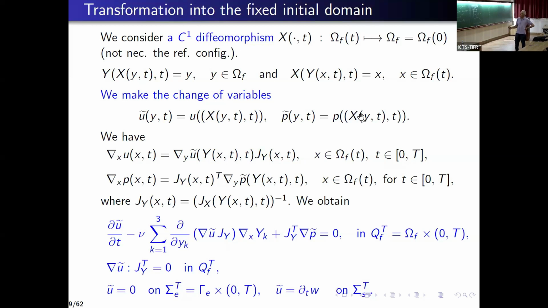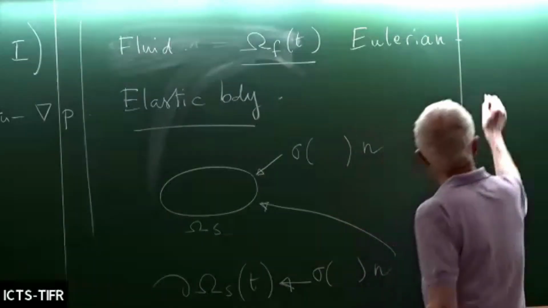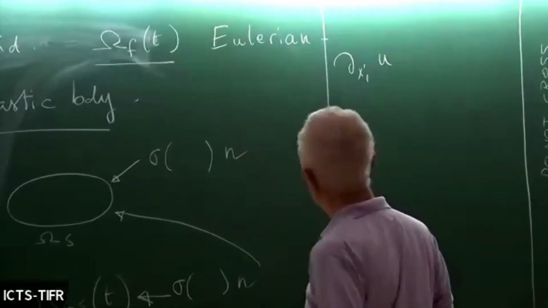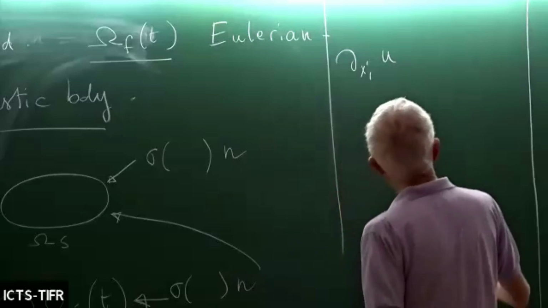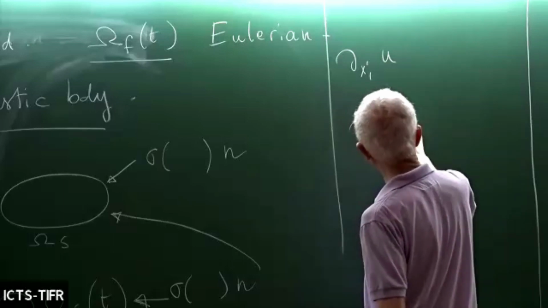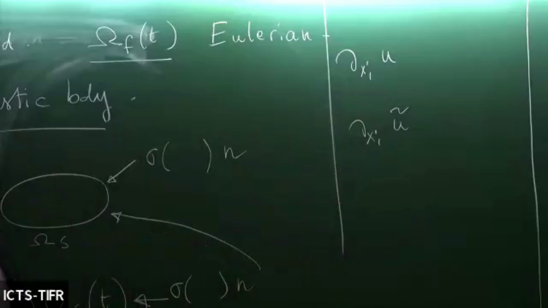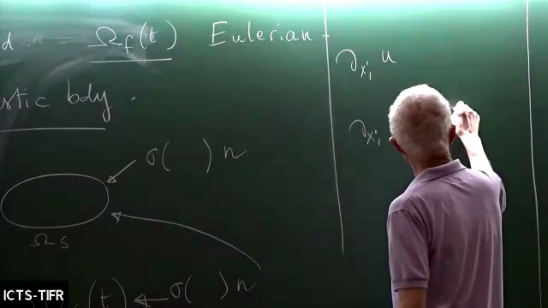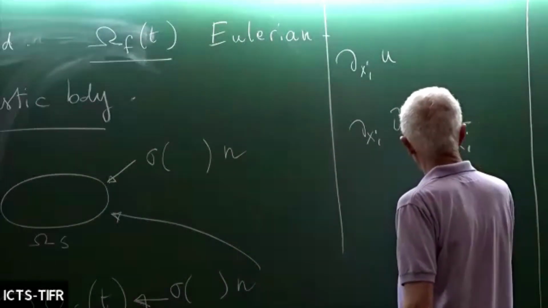So if I use the chain rule formula, I'm going to write that dxi of U is nothing else than dxi of U tilde and the derivative of Y with respect to xi.